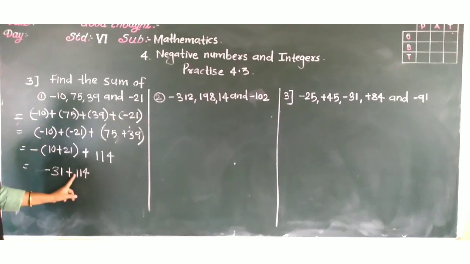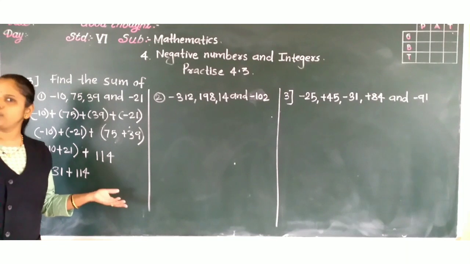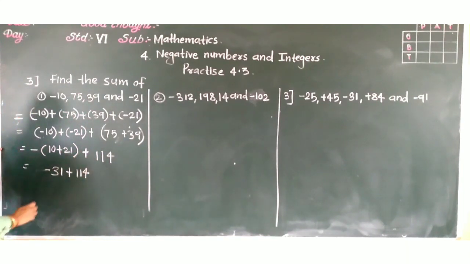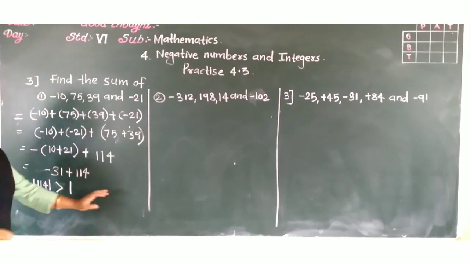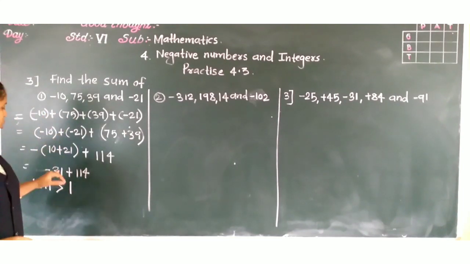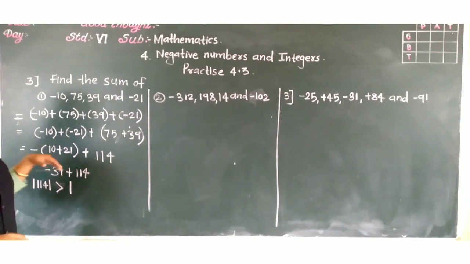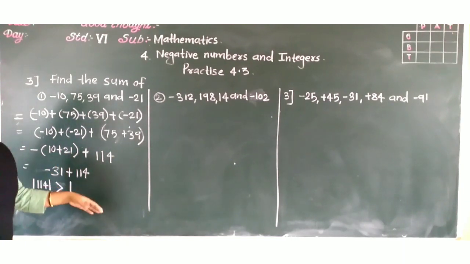Now see, both have different signs. Then what do we have to do? We have to take the absolute values. Correct? Now see here, absolute value of 114 is greater than, I am writing it directly. I will not write that absolute value of minus 31 is 31 and absolute value of 114 is 114.